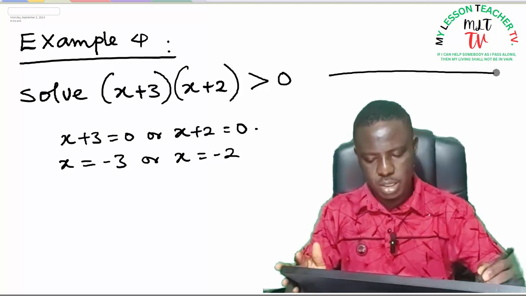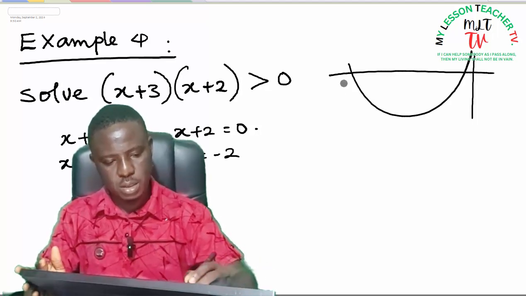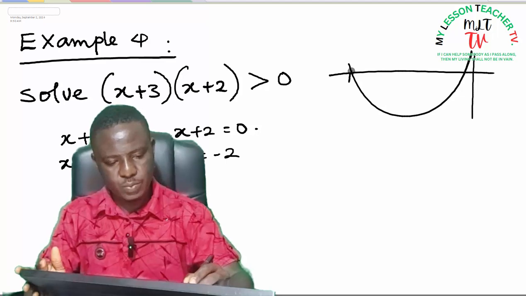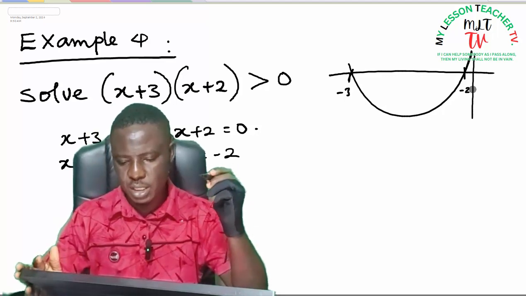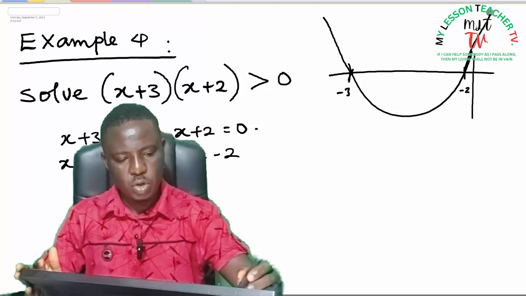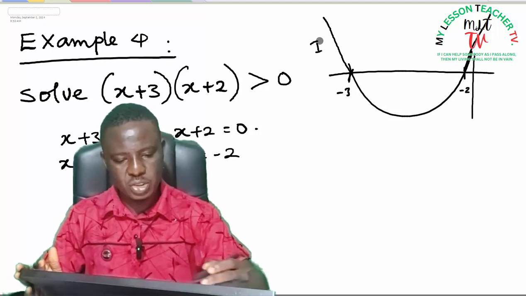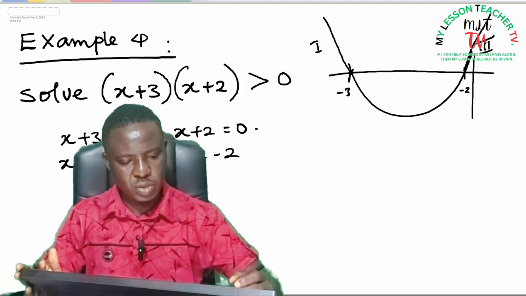Representing this on the number line, let this point be minus 3, while this is minus 2. So this gives you the intercepts, and we're looking at the region where y is greater than 0. So region 1, y is greater than 0, and region 3, y is greater than 0.